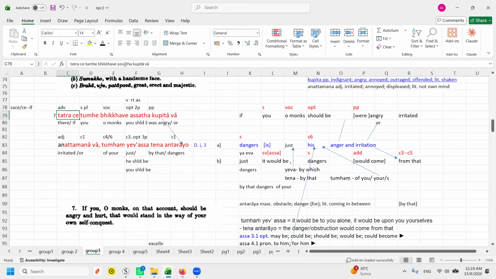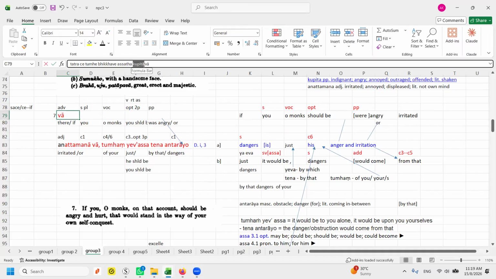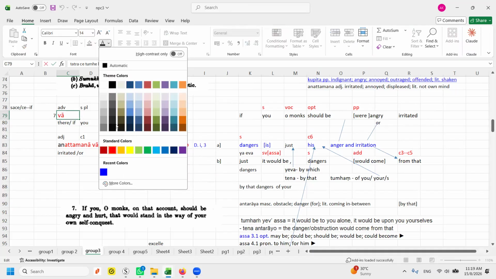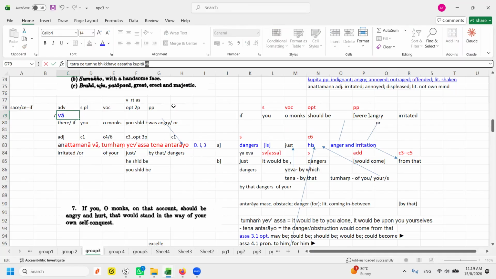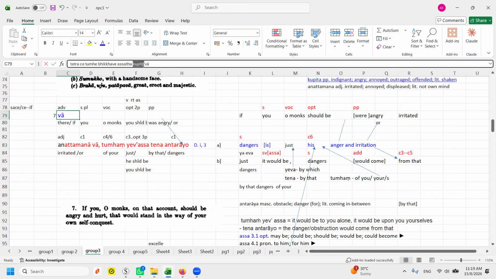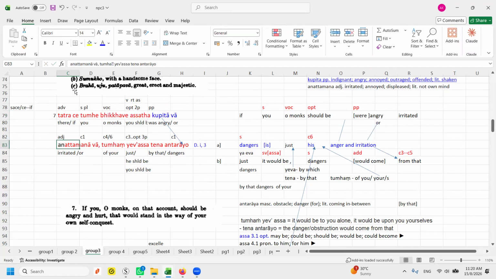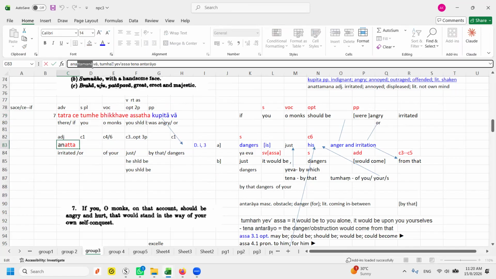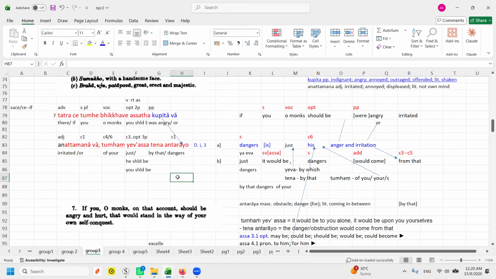Maybe you can see better. Kupita, because it's describing something. Highlight. Kupita and Antarayo is C1, is it? Yes. C1. Then over on the right side, C3 to C5 from that anger and irritation.